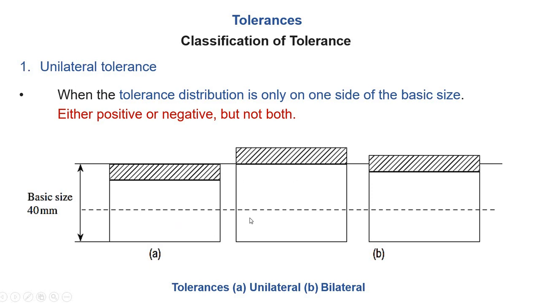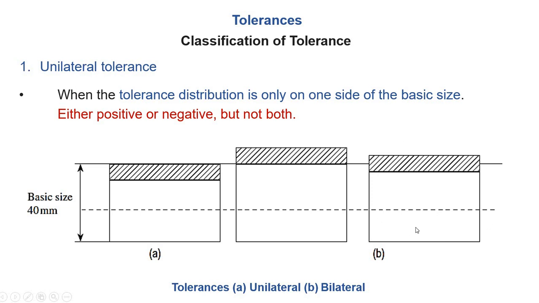Figure A shows the unilateral tolerance, where this figure indicates that the tolerance is on the negative side, and this figure shows that the tolerance is on the positive side. So we can say that this has a tolerance limit of minus 0.02, and this has a tolerance limit of plus 0.02.